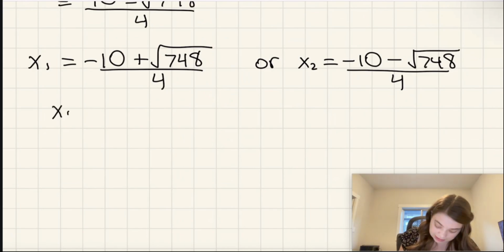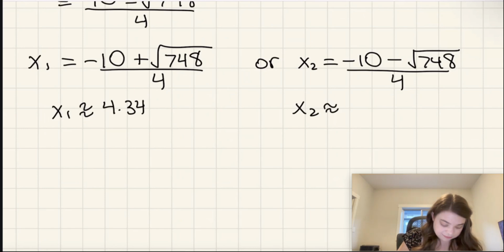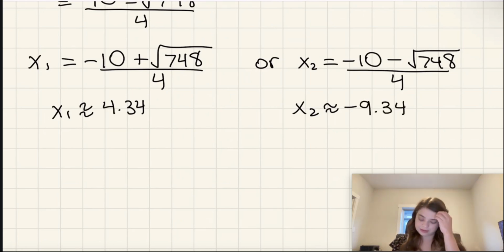So therefore, x1 is equal to approximately 4.34, and x2 is equal to approximately, well, let's see. Let's take the negative version of the square root of 748 in our calculator, and then subtract 10, and then divide by 4. And if we do that, we get negative 9.34 approximately for that one.